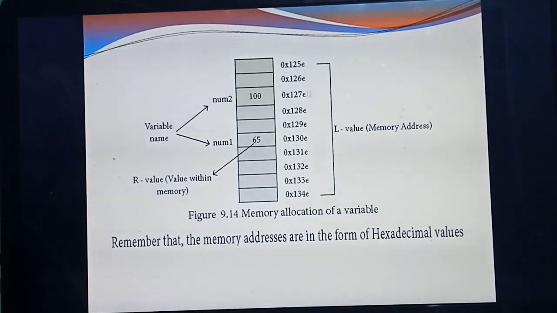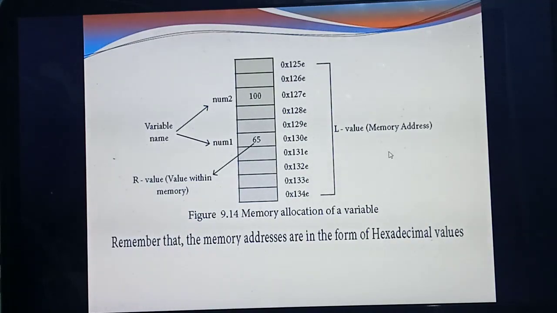In which address is 100 stored? See and read it: 0x127e. And 65 is stored in which address? 0x130e. This address we are calling the L value.